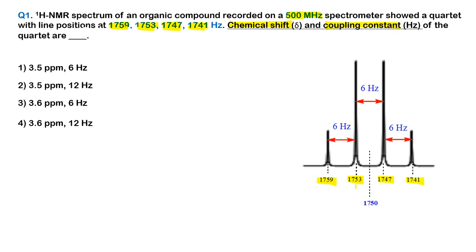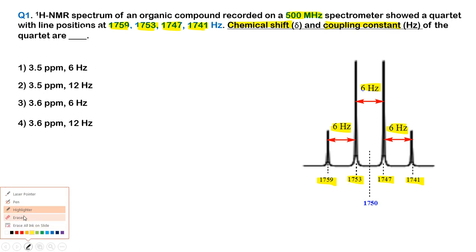So subtracting either of two consecutive lines, we get the value 6 hertz. The distance between the two lines will be the same, whichever two consecutive lines we take, and we end up with 6 hertz. So 6 hertz is the coupling constant for this quartet.